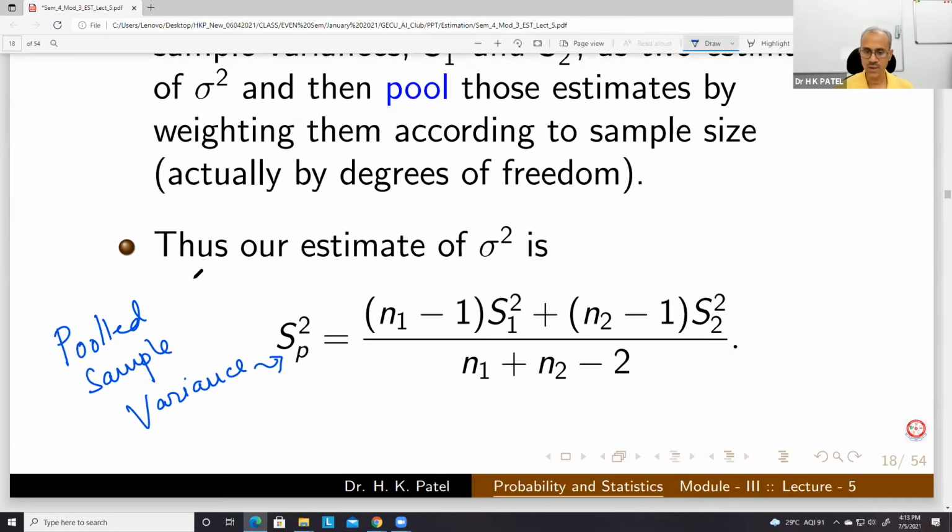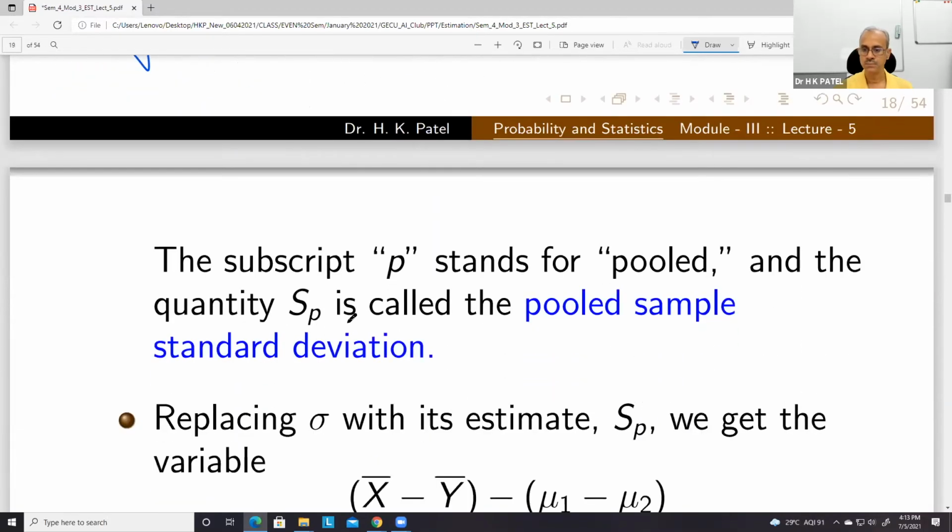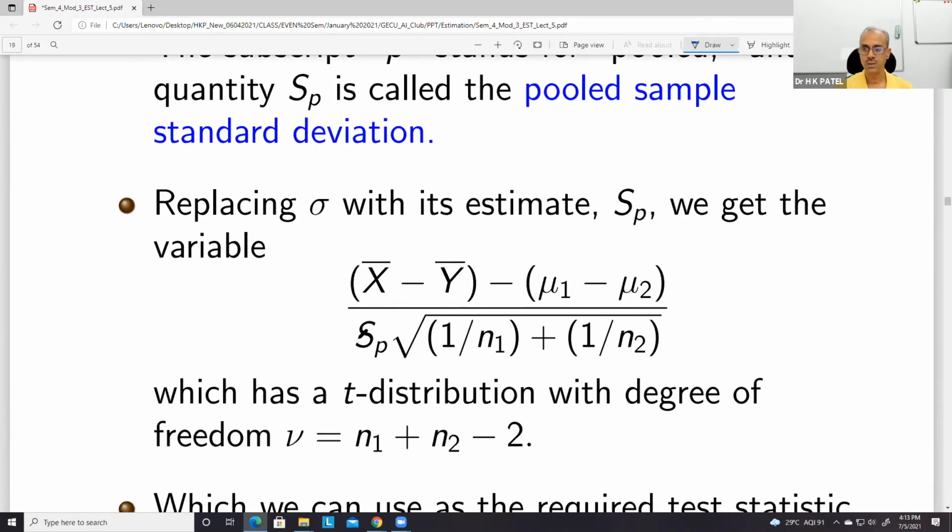So this is the estimate for sigma square. So in place of sigma, we can use SP.